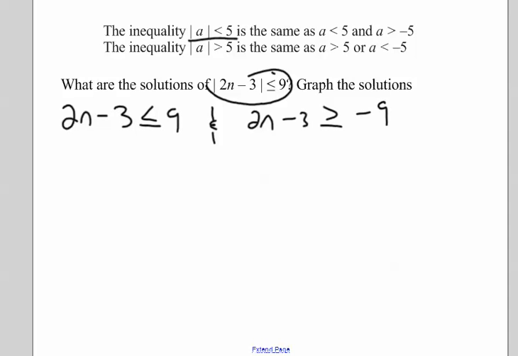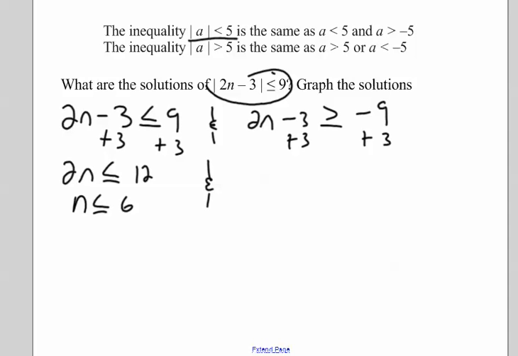I'm going to add 3 here, so then I get 2n is less than or equal to 12, and I divide both sides by 2. I get n is less than or equal to 6. And here I add 3, so I get 2n is greater than or equal to negative 6. Then I divide by 2, and n is greater than or equal to negative 3.